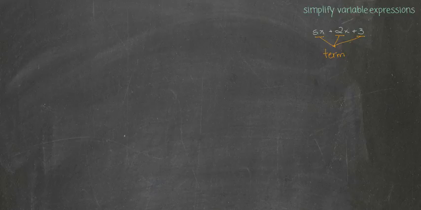Notice, though, that some of these terms are similar and some of them are not. For example, this last term doesn't have a variable attached to it. When you have a term that is only a number and not a variable, we call it a constant. We might even call it a constant term.